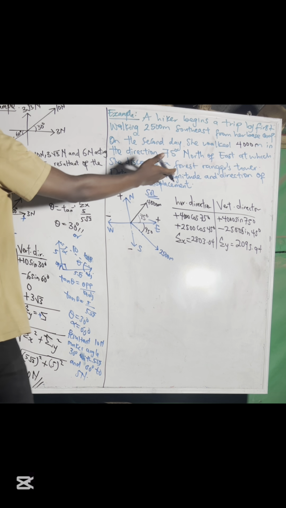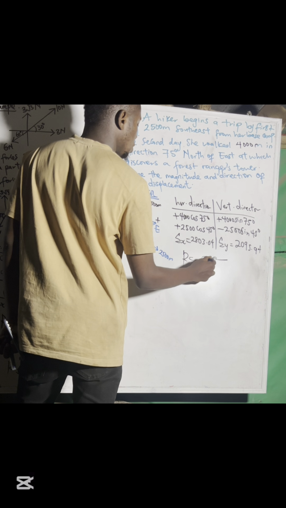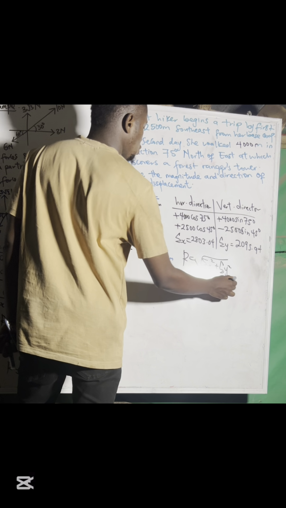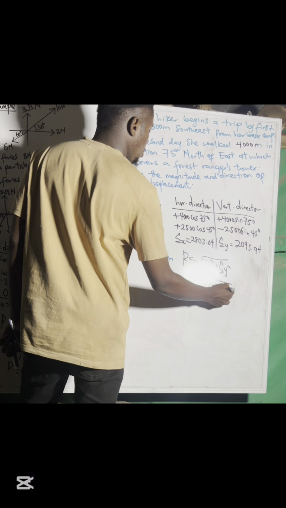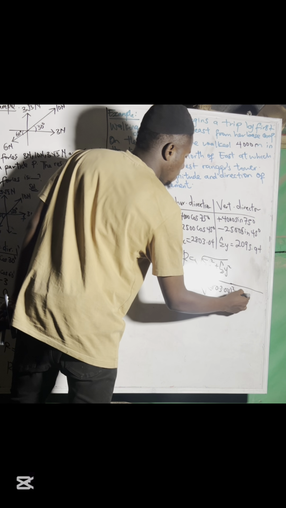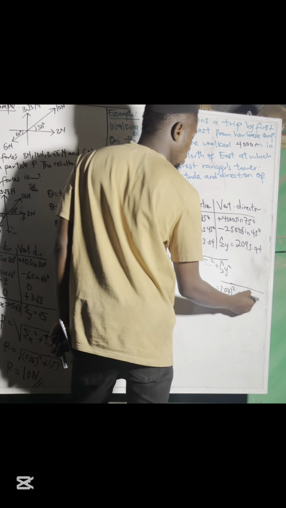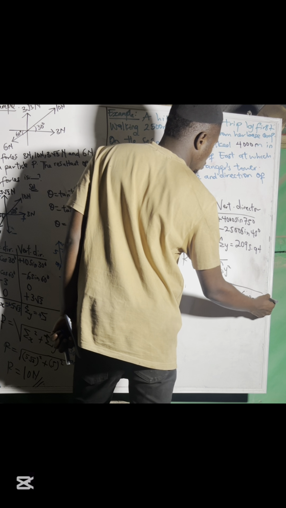Then, in order to get our magnitude as a resultant, R is equal to the square root of summation x squared plus summation y squared. R is equal to the square root of summation x, 2803.04 all squared, plus summation y, 2095.94 all squared.